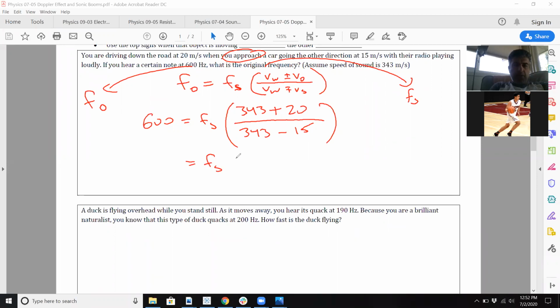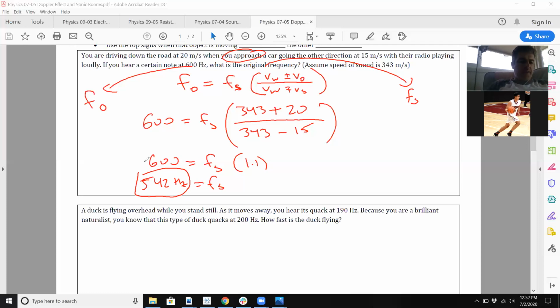If you work all this out, all that big fraction becomes 1.1. So the frequency of the source, of course, is 542 hertz. So that's how you would tackle a problem like that. You just use the formula above, realize what you got, and then solve for what you're missing.